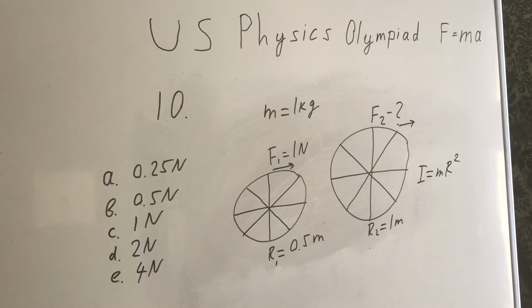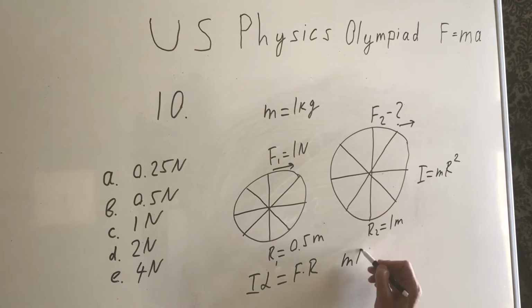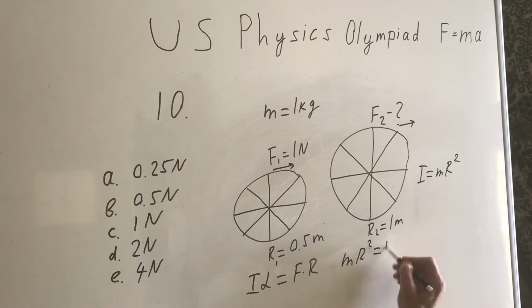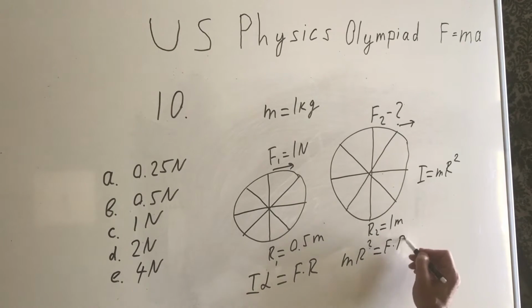So we can use this rotational formula for angular acceleration: I alpha equal to Fr. If we use the expression for I as m r square, that will be m r square alpha equal Fr.